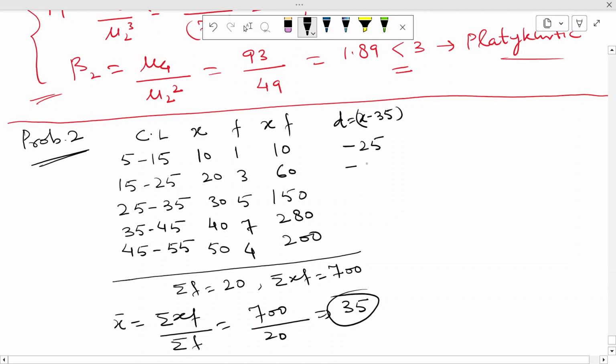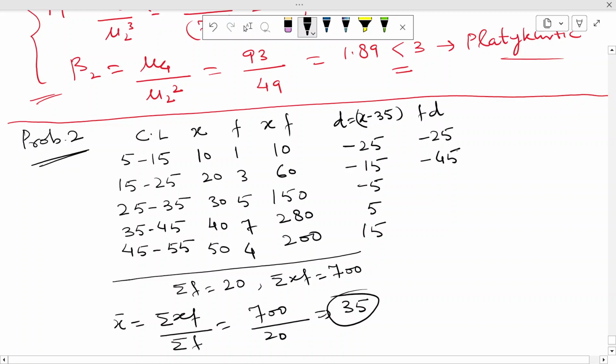Then you have minus 15, then minus 5, next is 5, and lastly we are having 15. Then we will find out fd, which is minus 25, meaning the product of the frequency and the corresponding deviations.